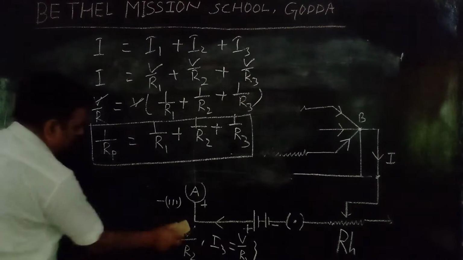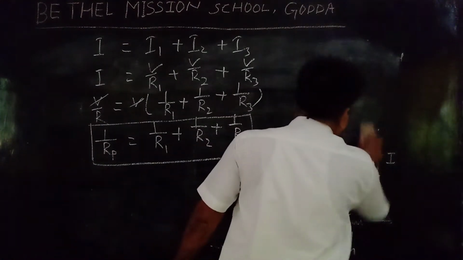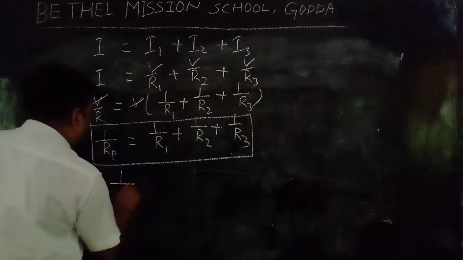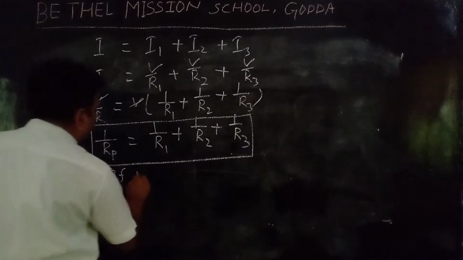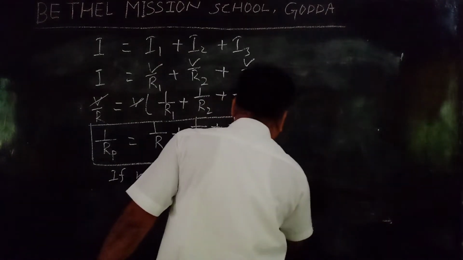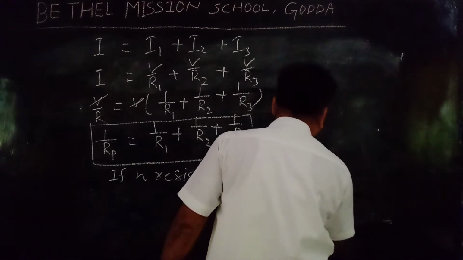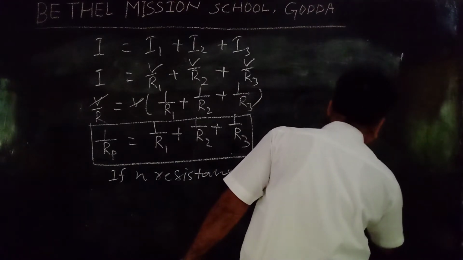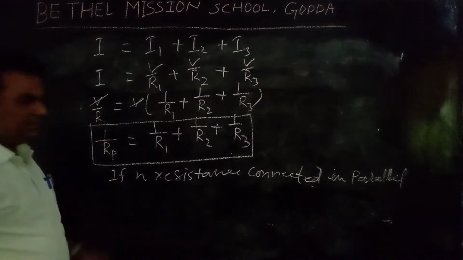Suppose that if n resistances are connected in parallel, then what is the equivalent resistance for that circuit? So we can write here 1 upon Rp. If n resistances are connected in parallel, then what is the equivalent resistance?